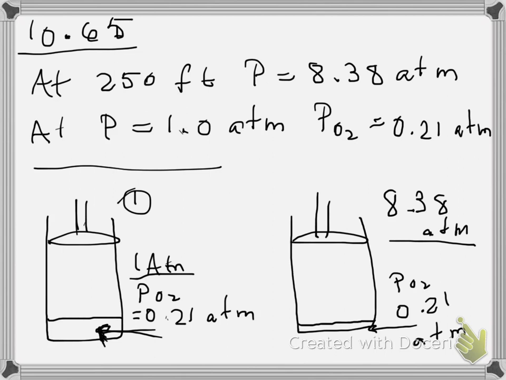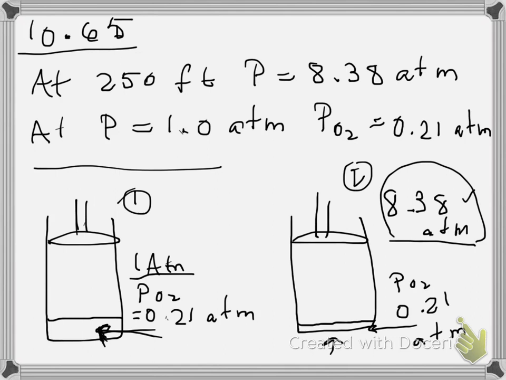But then if you look over here on the second one, at 8.38 atmospheres, which is a whole lot more, well, this wouldn't even be to scale, but to indicate 0.21 atmospheres when the total is 8.38 atmospheres, the amount of oxygen, or the mole percent of oxygen in this whole thing, is much less.